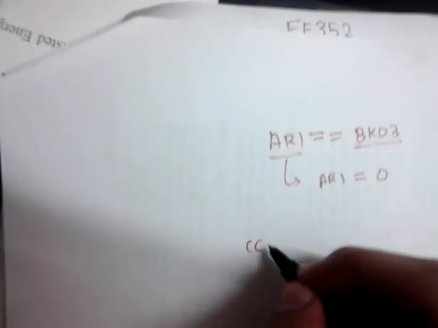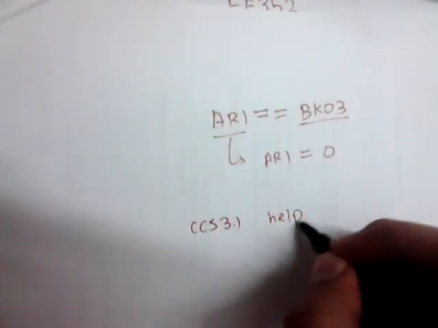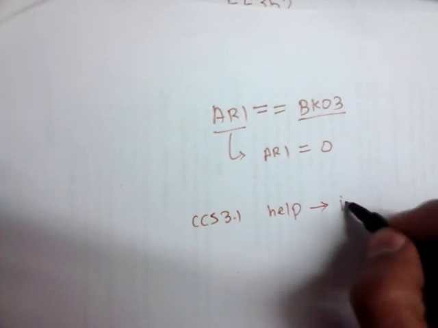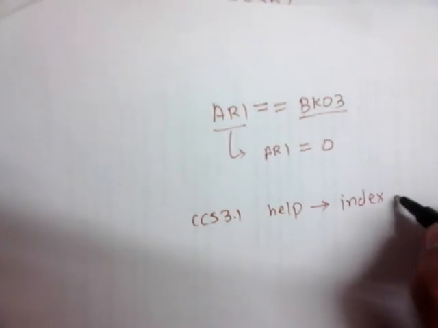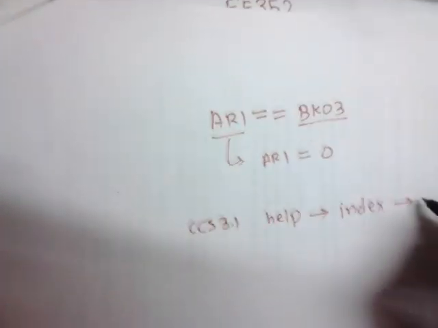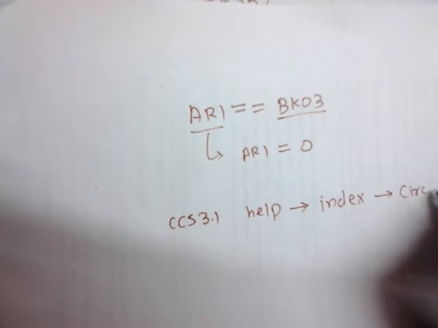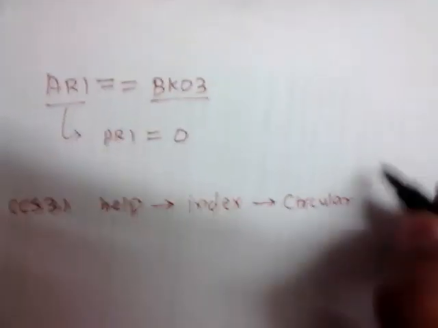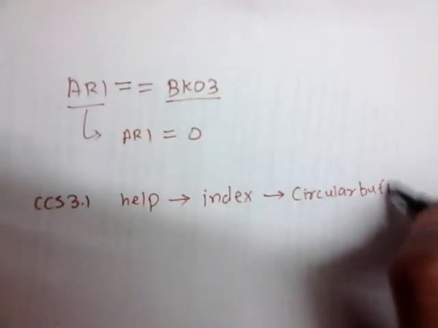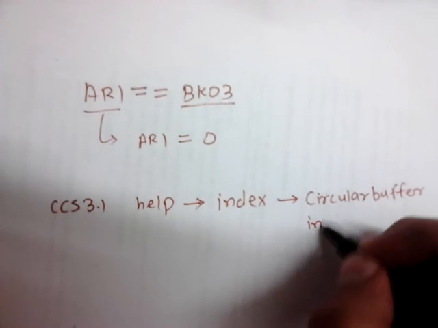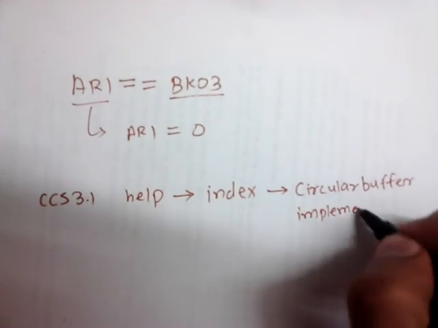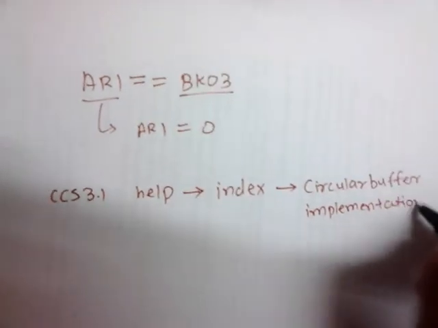If you want more help on this topic, you can open CCS 3.1, not 4.1. Then go to help, go to index and search for circular buffer implementation.